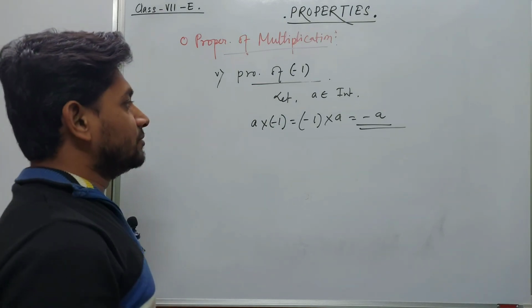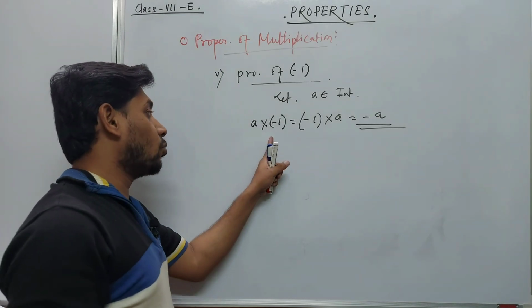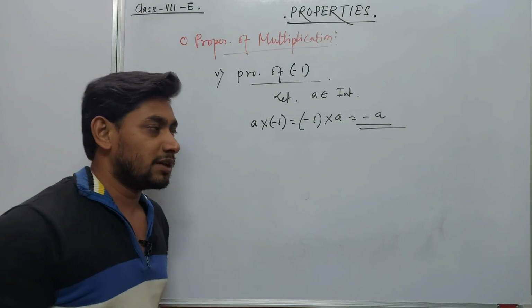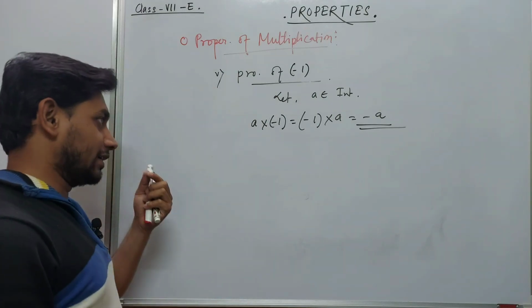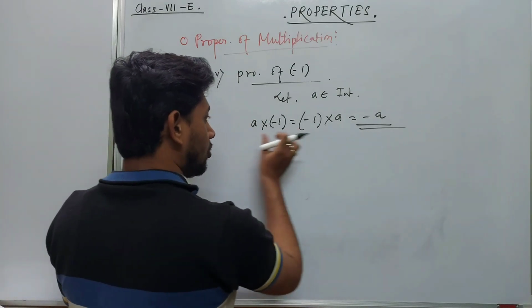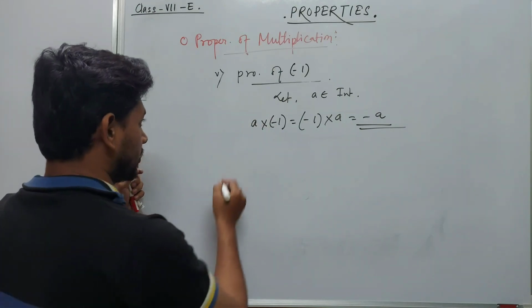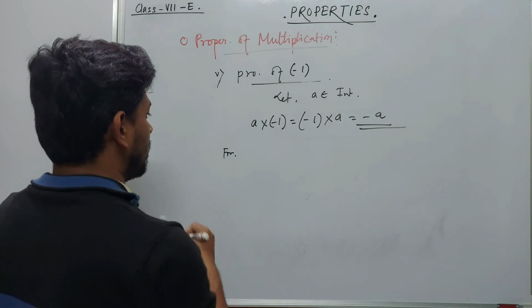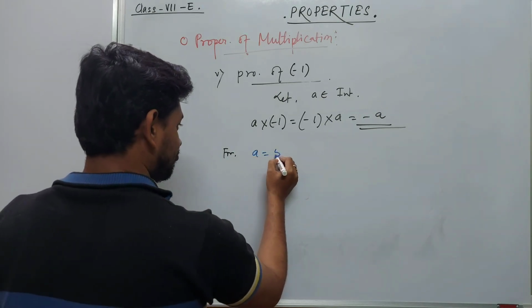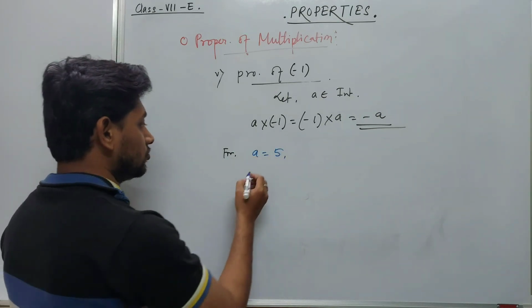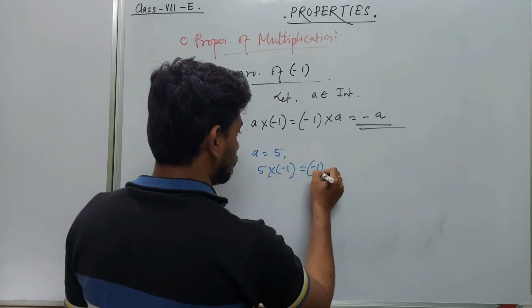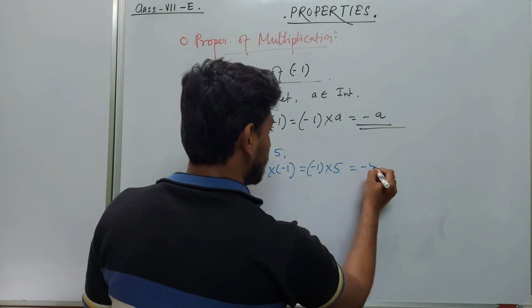That is, if we multiply minus 1 to any integer, positive or negative, then we get the additive inverse of that integer. For example, let a equal to 5, then 5 into minus 1 equal to minus 1 into 5, that is minus 5.